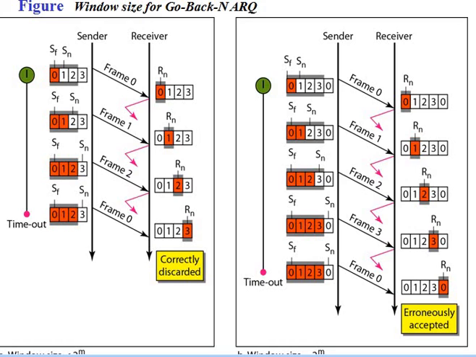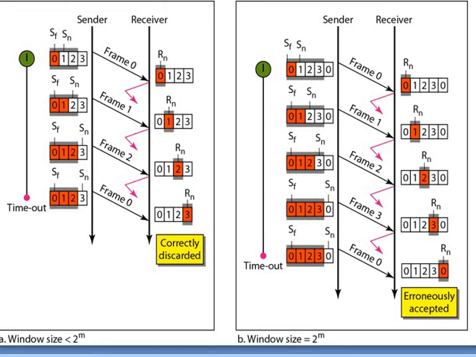In the first figure, sender and receiver have window size 2 raised to m minus 1, that is less than 2 raised to m. When we consider m equal to 2, the size of the window is 3.